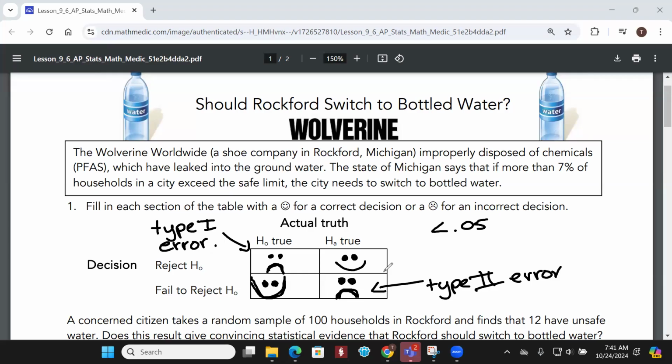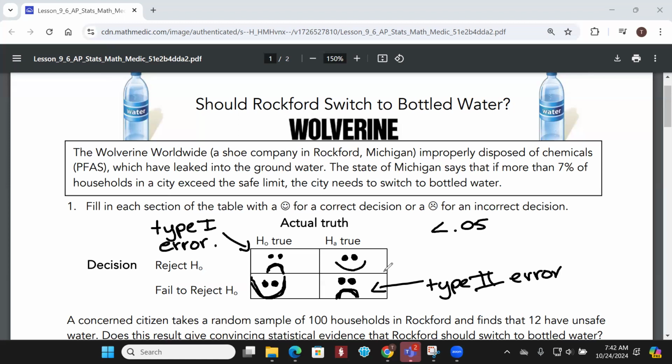So for type 1 error, I need you to listen, ready? The null hypothesis is true, but we find evidence for the alternative hypothesis. Does that make sense? We've gone through it: the null hypothesis is true, but we have convincing evidence that the alternative is also true.